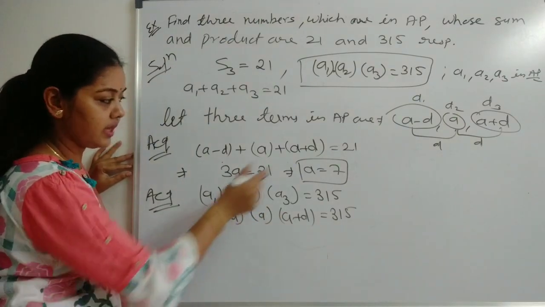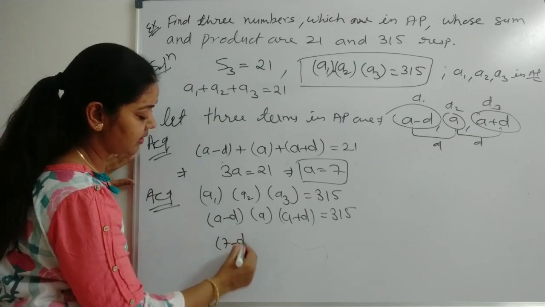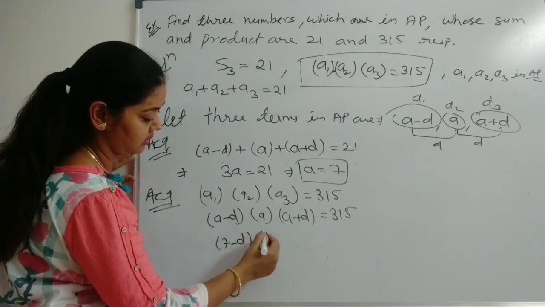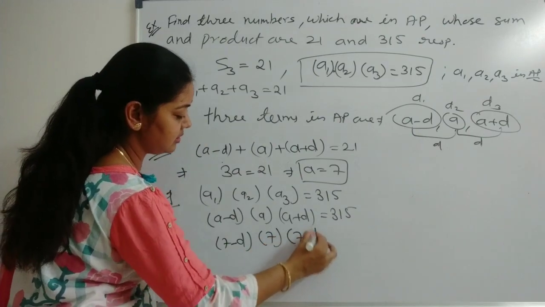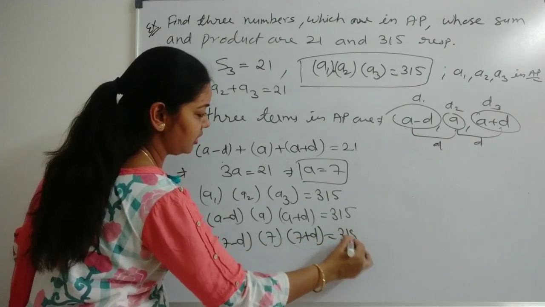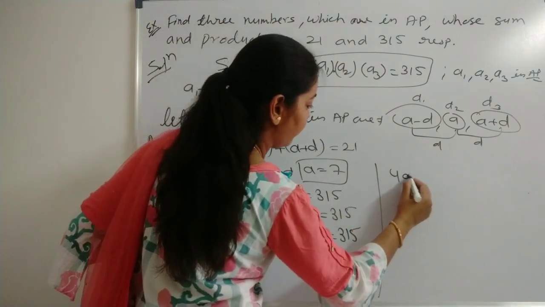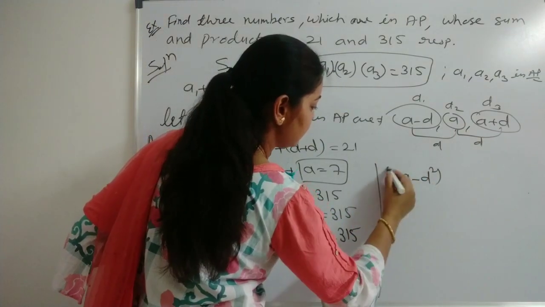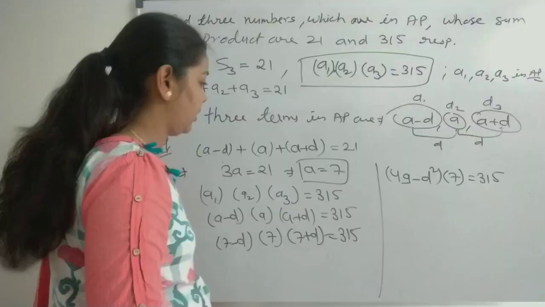Now, what is A? That is 7. Put the value of A. 7 minus D, A means 7, 7 plus D is equal to 315. It means we got 49 minus D square into 7 equals 315.